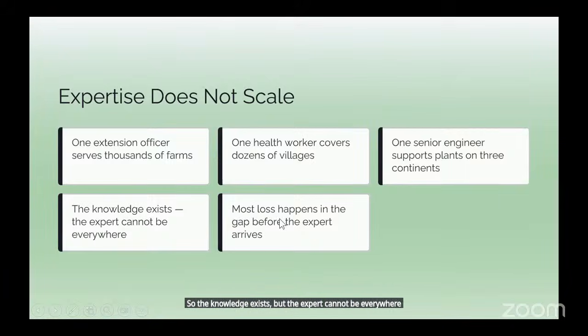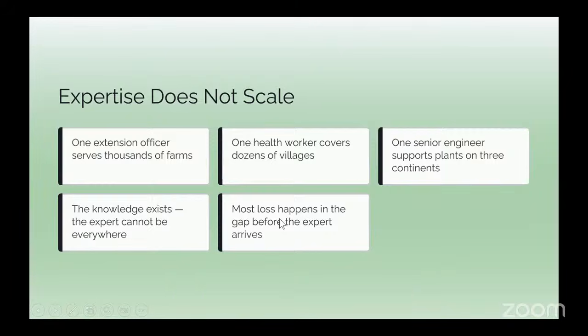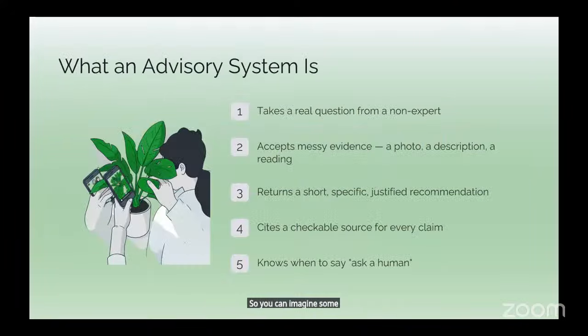So most loss happens in the gap before the advice arrives. So you can imagine some diseased crop and no help. So this is the problem.